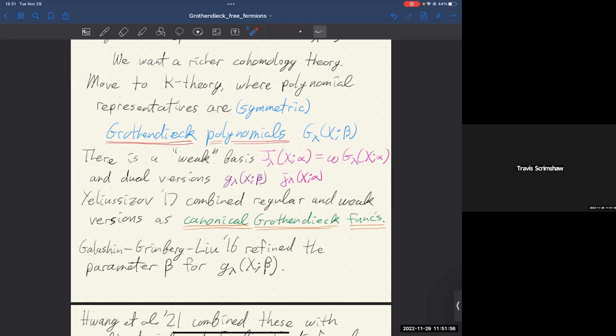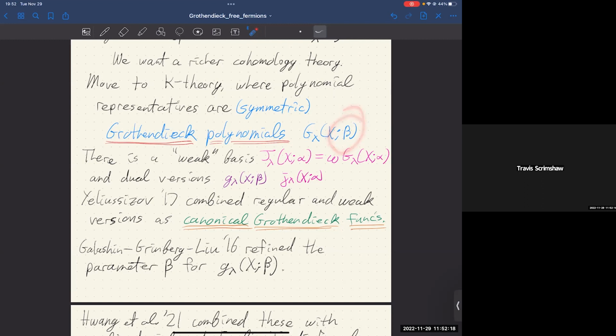And they are not nearly as well behaved as the usual Grothendieck polynomials. The combinatorics involved are a little bit more intricate, but they still actually seem to be a fairly nice basis.